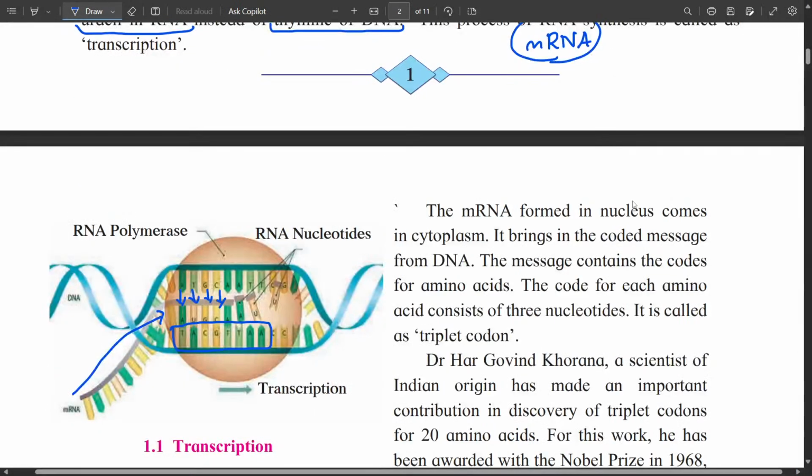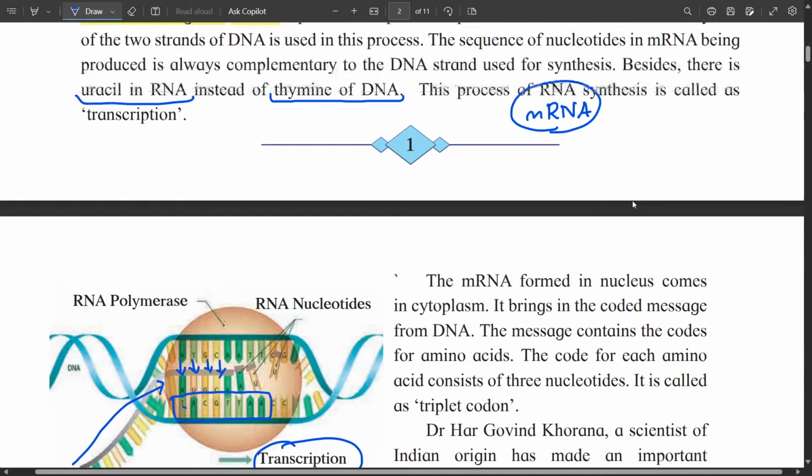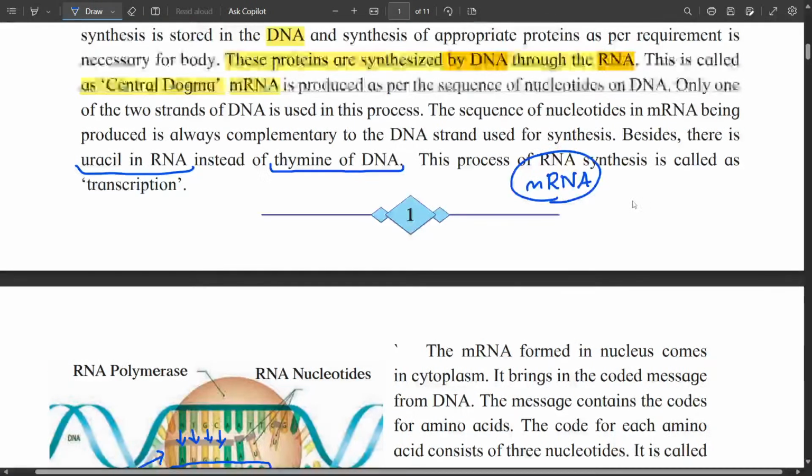The process depicted here is called transcription: reading the codes of DNA and transferring the codes into mRNA in the nucleus of the cell. Only difference is that instead of thymine, RNA contains uracil.